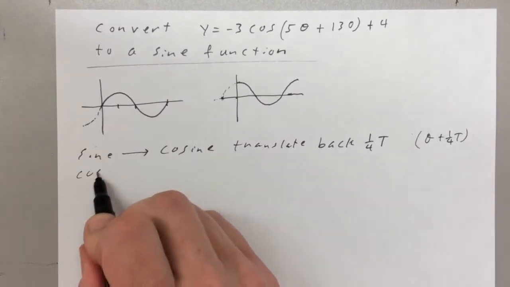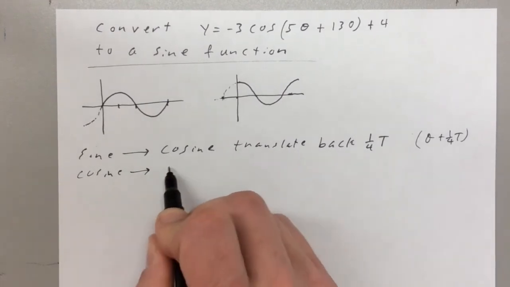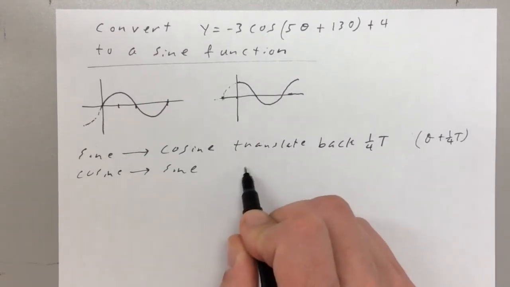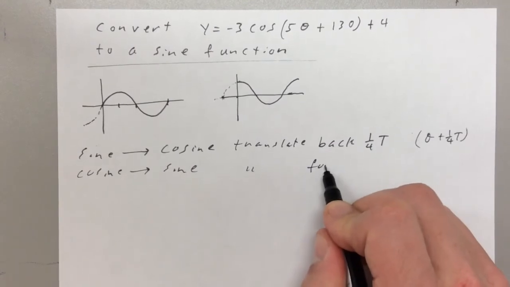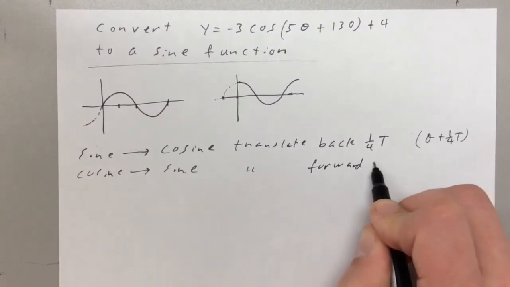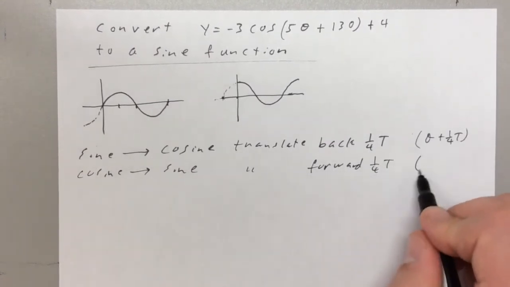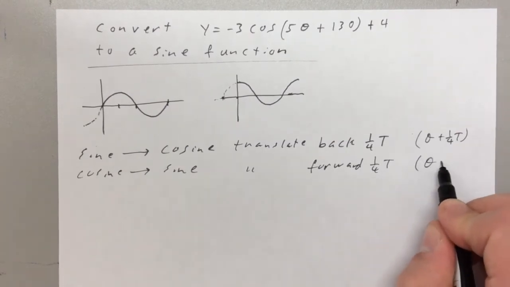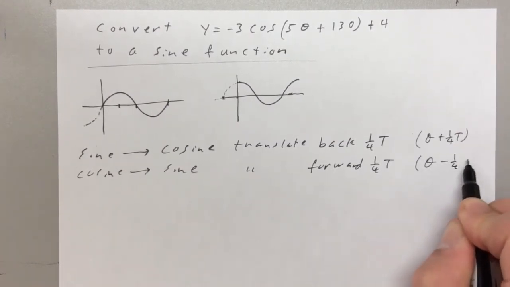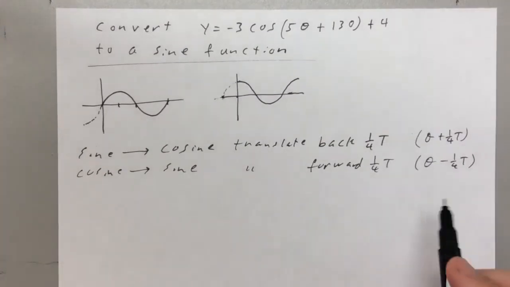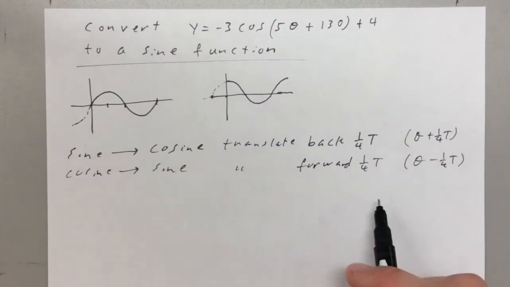Okay, cosine to sine, you'd translate forward 1/4 of a period. So you'd have theta minus 1/4 T when you put it into the function. Okay, so you always do the opposite when you put it into the function.